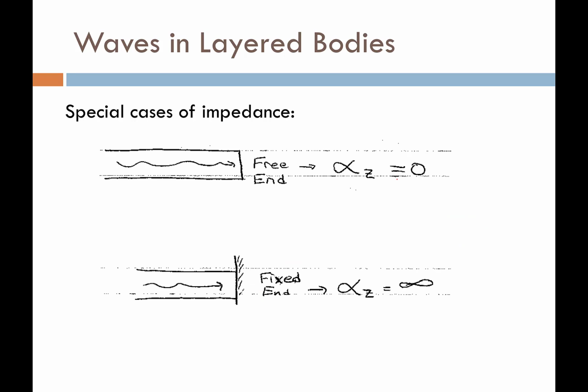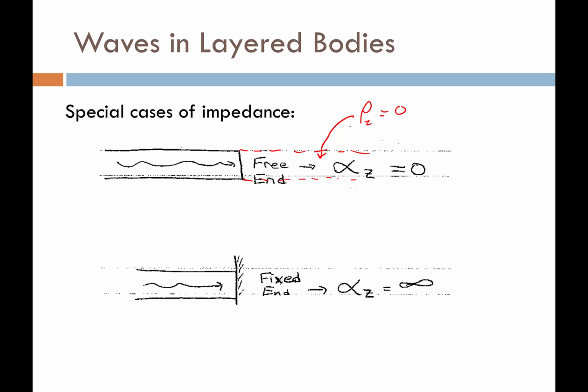Okay, so let's look at a couple special cases. What happens if my rod has a free end? So my rod ends, and it ends right just to atmosphere. Okay. Well, imagine, or use your mind to imagine that this rod continues off to infinity, but now this mass right here is equal to 0 because the air basically has no mass relative to the steel.